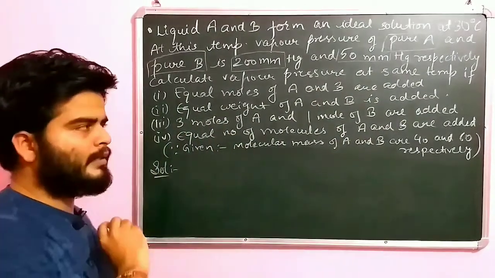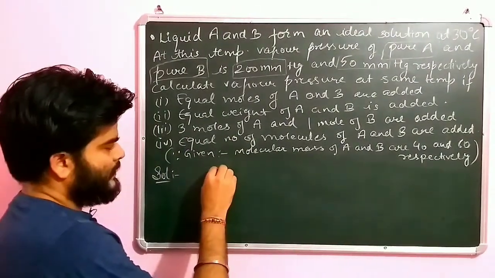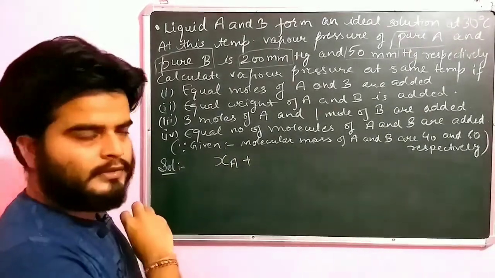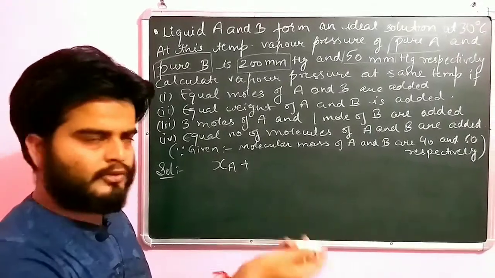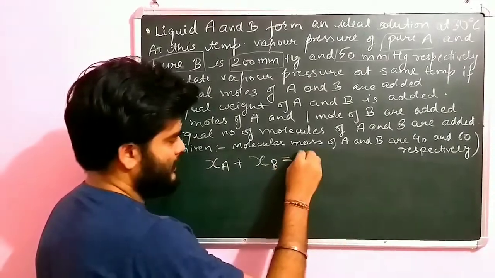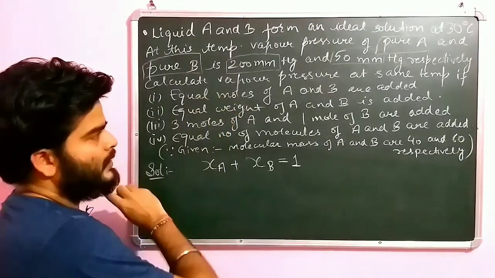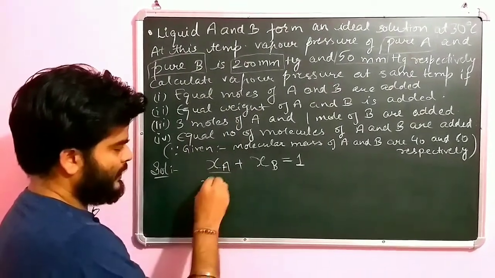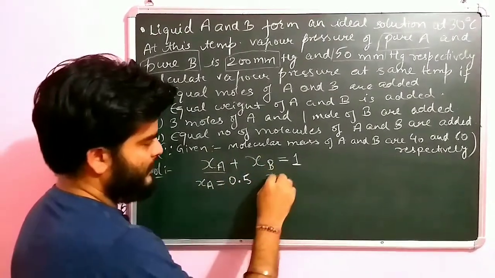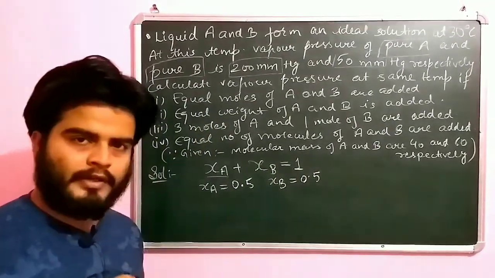Equal moles of A and B means same number of moles. It means, as you all know, that mole fraction of solute, if let's say A is solute or solvent, mole fraction of solute plus mole fraction of solvent, this is equal to 1. If we are taking equal moles, it means mole fraction of this component must be 0.5 and of this component must be 0.5.